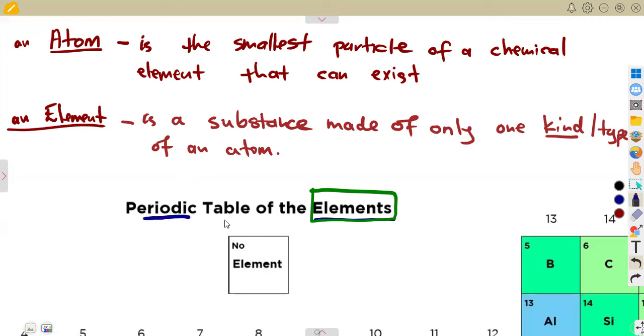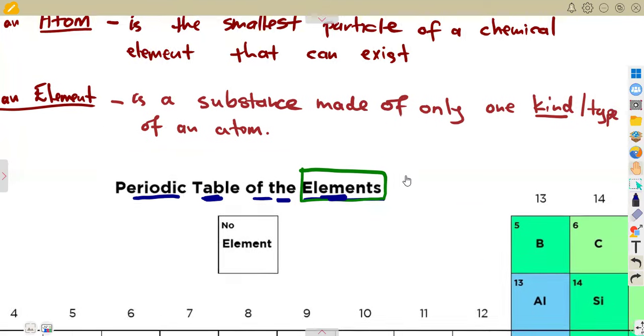If you understand this now, there we have the periodic table of the elements, which means as we are talking about an element, there is an atom to be referred to there because it is made up of only one kind of an atom.